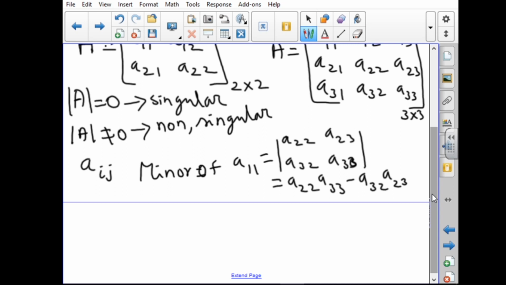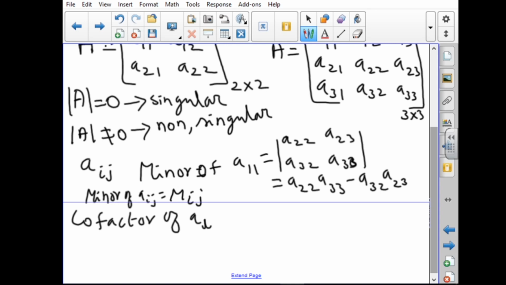Now what about the cofactor? The minor is denoted in general by Mij, which represents the minor of Aij. The cofactor is nothing but a signed minor.